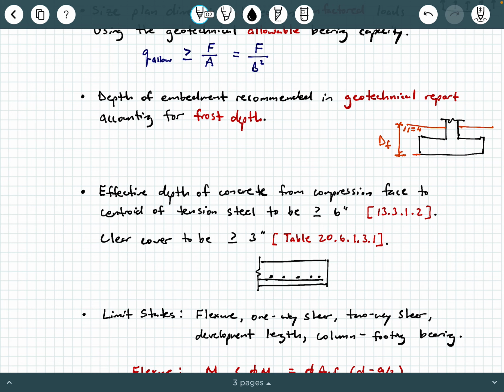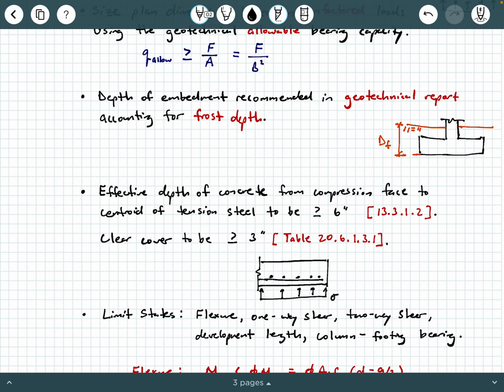So what is the effective depth of the concrete compression face to the centroid of the tension steel? Well, remember, for the type of loading we're considering, we're going to have this bearing pressure at the base of the footing, okay? Which means that the bottom region of your footing is what is in tension, which is why you have the rebar down here, okay? Not at the top, all right?